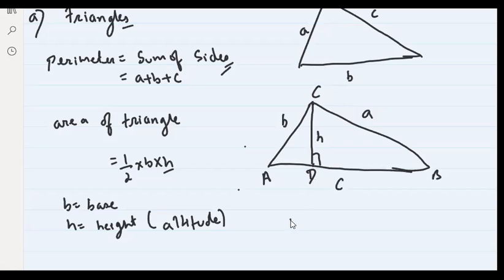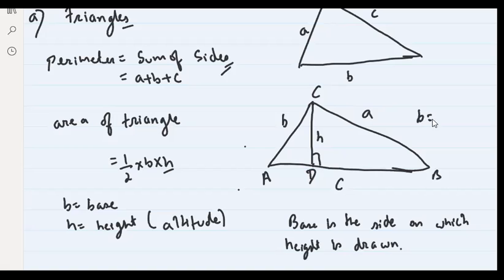So you can just say that base is the side on which perpendicular or height is drawn. So height is drawn on this side, AB. So here the base is AB.